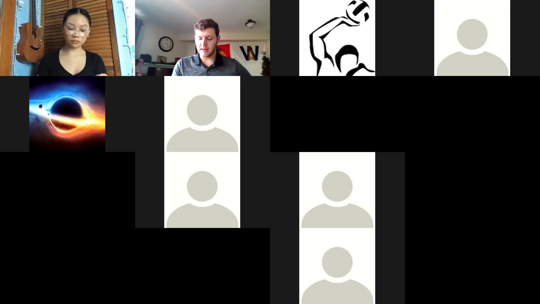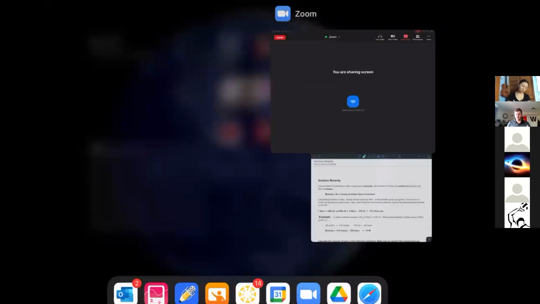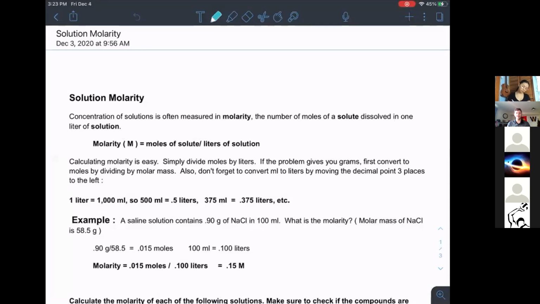Molarity is going to be its own special unit. If we look at our worksheet for today, molarity is really just the moles of our solute, the thing we're dissolving, divided by the volume, or the amount of liters of solution we have.